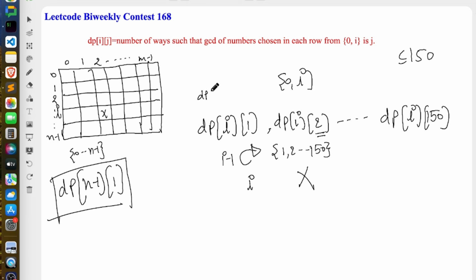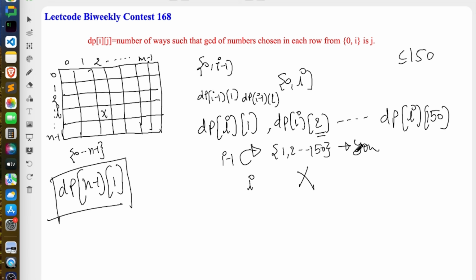That's why I came to index i. DP of i minus 1, 2 tells us the number of ways such that the GCD of all the numbers from index 0 to i minus 1, choosing a single number in each row, is 2. Let's say that number is u.